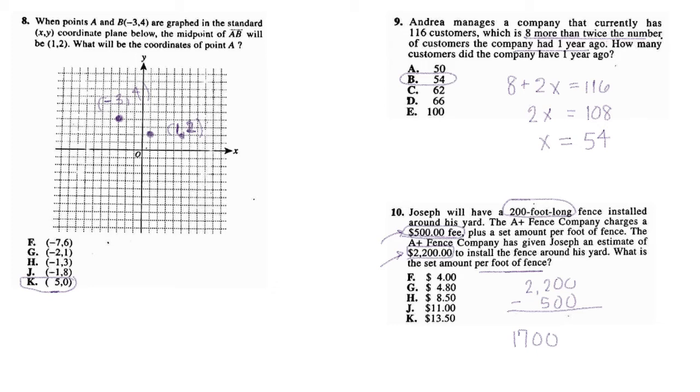So I need to take that 1,700 and divide it by 200, and I can chop off my zeros. So let's see, 2 will go into 17 how many times? 6, 7, 8 times 2 is 16. So that looks like 8.5 or 850. So number 10 should be answer choice H.